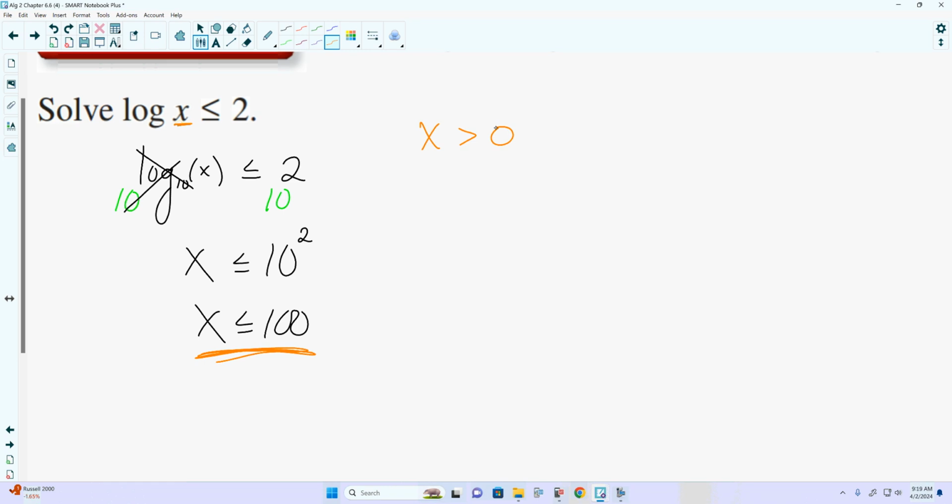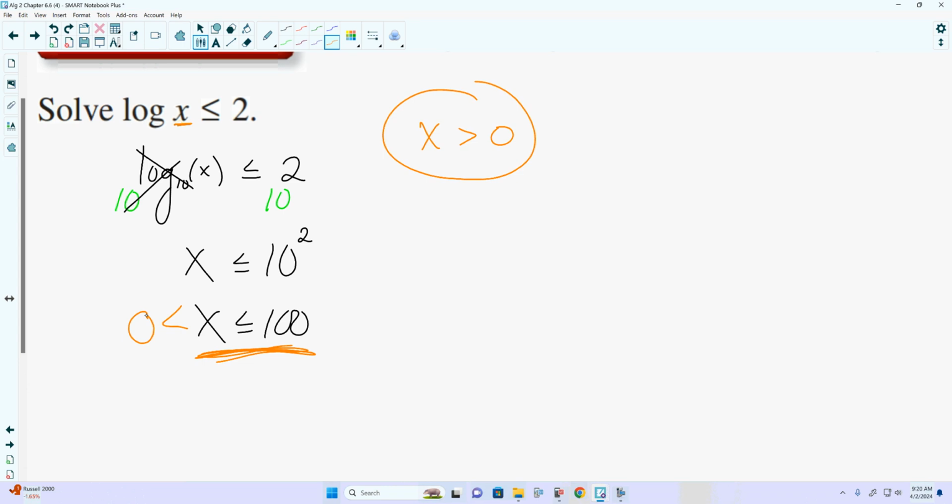Solve for x. Well, we're done for this one. X has to be greater than 0, yes? Our final answer when solving the actual equation, where we got x is less than or equal to 100, includes those negatives. We have to take this restriction and add it onto it, telling us that 0 is less than x is less than or equal to 100.